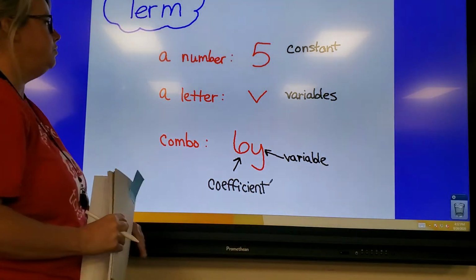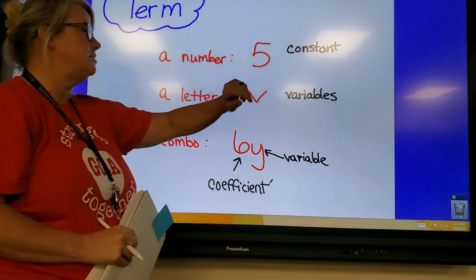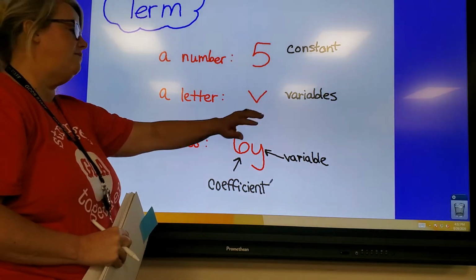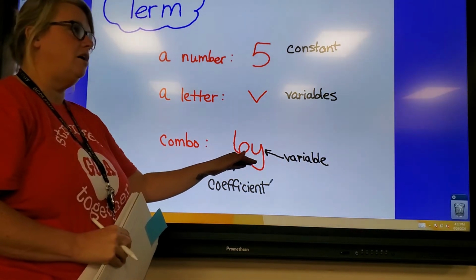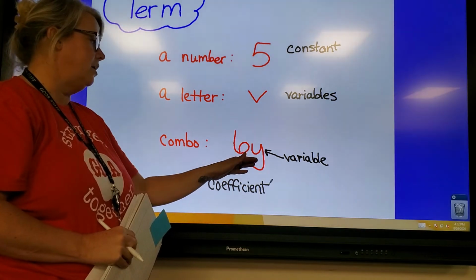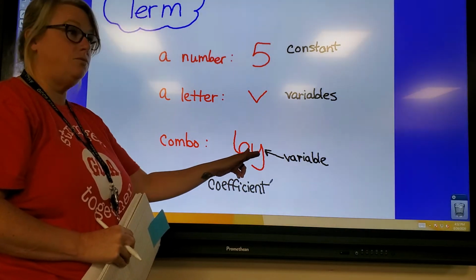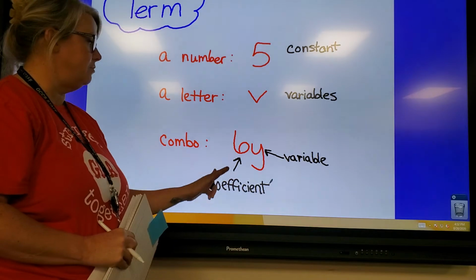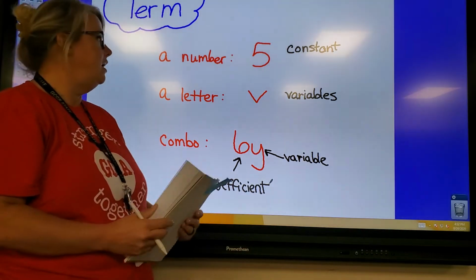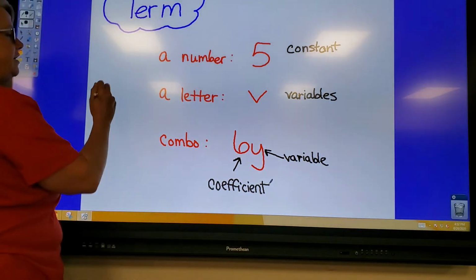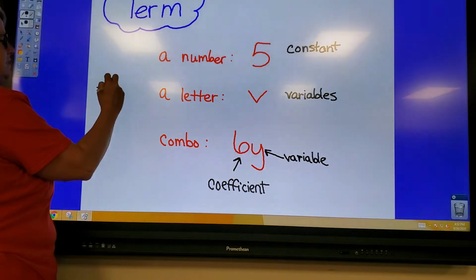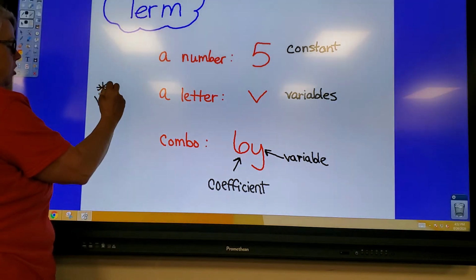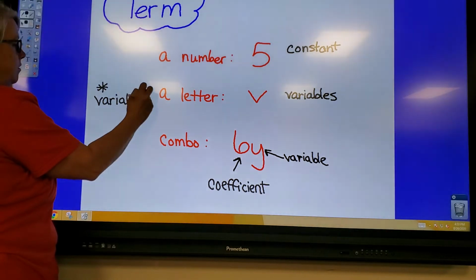Okay, so once again, a number would just be a constant, a letter would be called a variable, and a combination of a number and a letter would be, the variable would still be called a variable, but this number is called a coefficient.